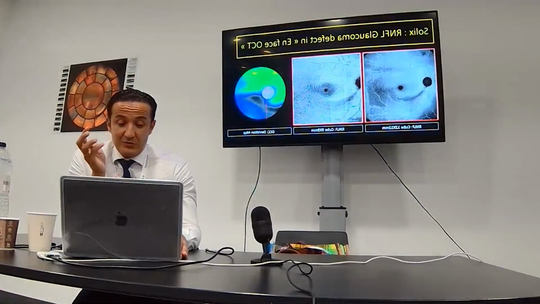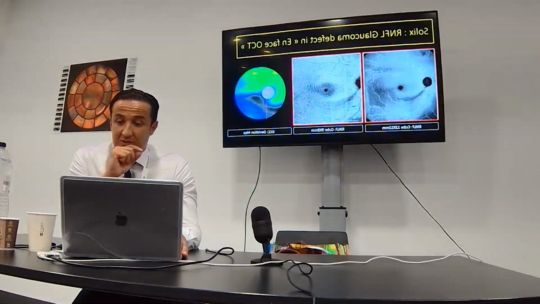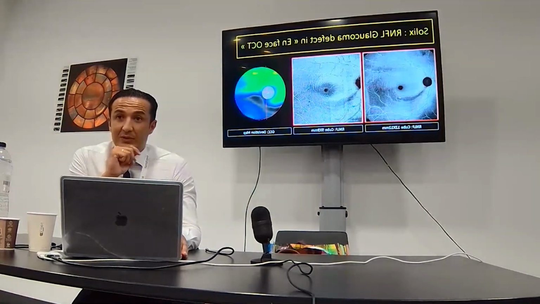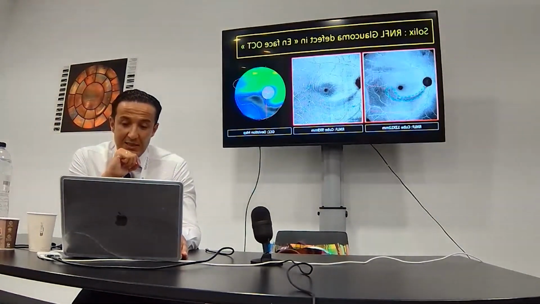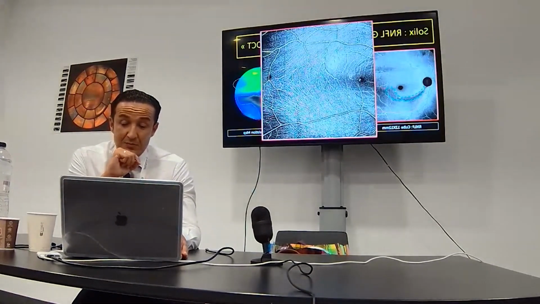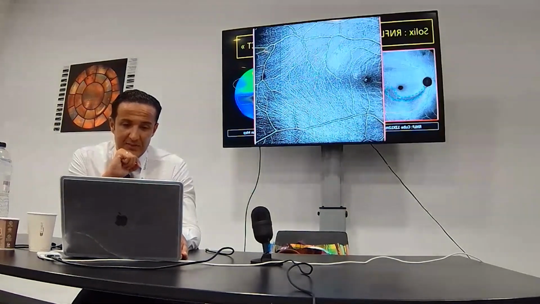You can use en-face OCT to analyze the location of the defect. And look here, you can make a very good comparison with the GCC. And look here, the beginning defect in the superior temporal location, as compared with the normal shape of the RNFL.